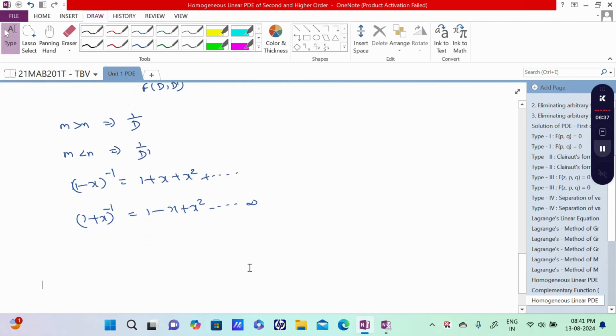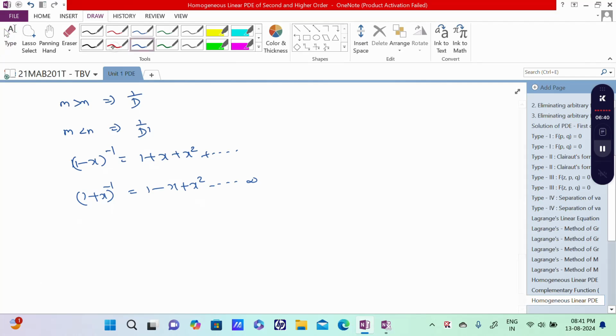And the fourth type, type 4. When the right hand side is e power ax plus by plus sin cx plus dy, we consider particular integral 1 and particular integral 2, individually calculate type 1 and type 2, then we just add the type 1 value and type 2 value, and it is our particular integral.